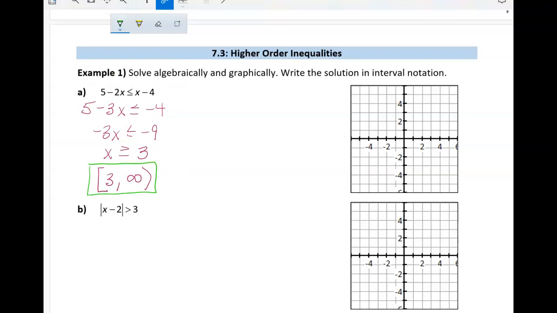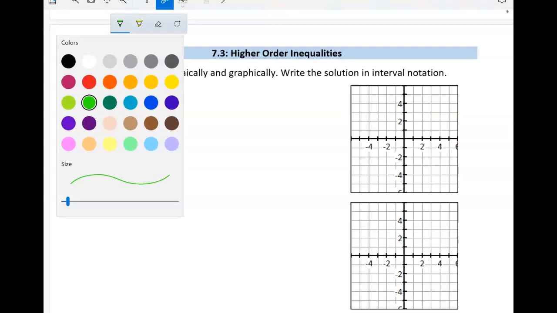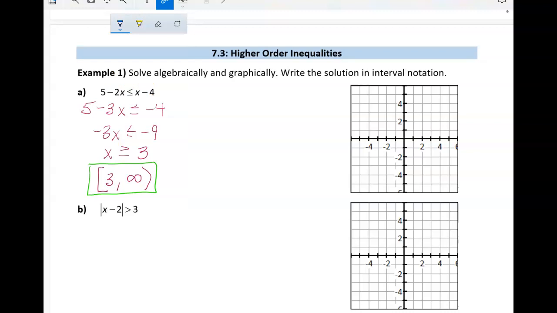Now we're going to solve the same inequality graphically. In order to solve graphically, we'll need to graph each side of the inequality. So we're going to graph first y is equal to 5 minus 2x. That's just going to be a straight line with a y-intercept of 5 and a slope of negative 2.